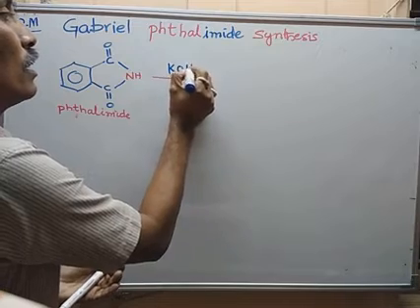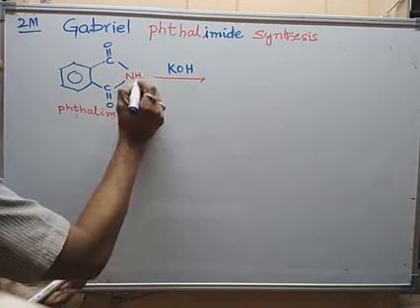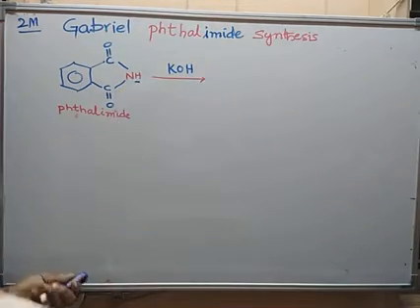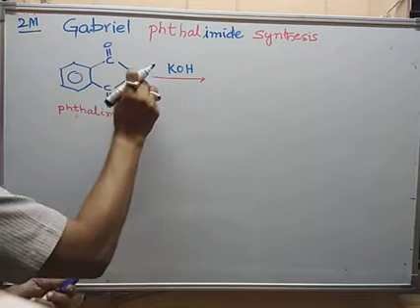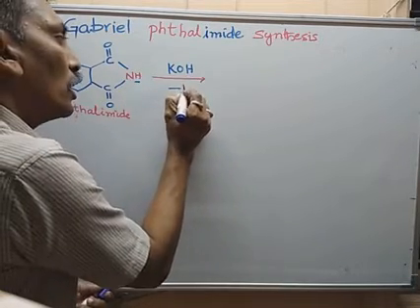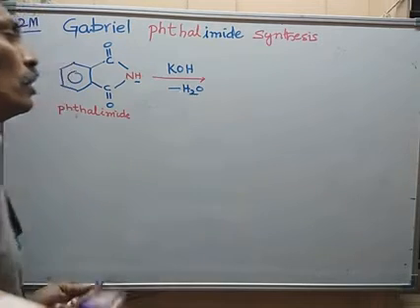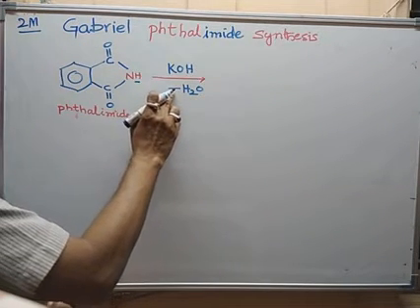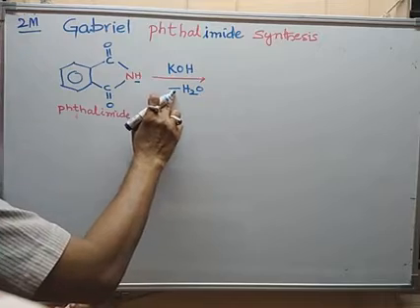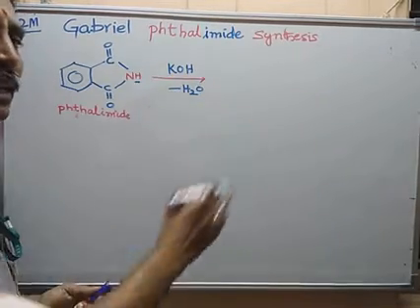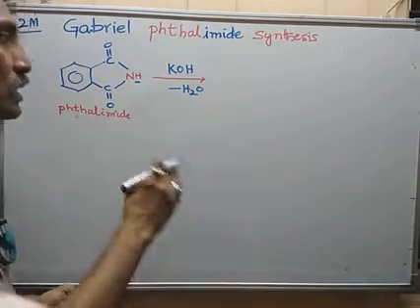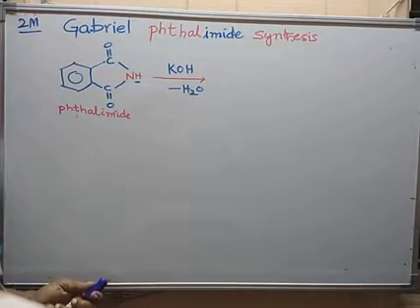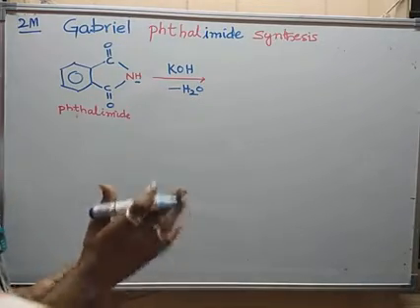This OH minus removes this hydrogen, which is acidic, and this hydrogen with OH becomes H2O, removed from the reaction mixture. Removal of this species can also be represented on the arrow mark if you are writing reactions in a sequence, to avoid occupying space.